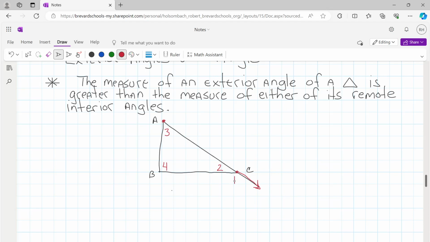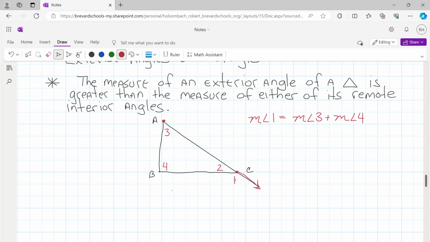Well, the rule about angle number 1 is that the measure of angle 1 is equal to the measure of angle 3 plus the measure of angle 4. Because the measure of an exterior angle of a triangle is equal to the sum of its remote interior angles. And angle 3 and angle 4 are remote interior angles for angle 1.